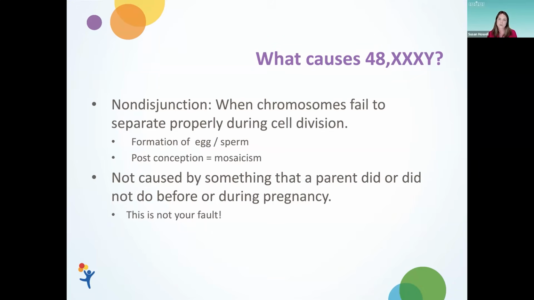We can also see mosaicism that results from a post-conception non-disjunction. So the egg and the sperm have what they're supposed to, and the chromosomes fail to separate properly during cell division after fertilization. But it's not caused by anything that a parent would have done or not done, either before or during a pregnancy. And this is not something that parents can blame themselves for, because it's not your fault.